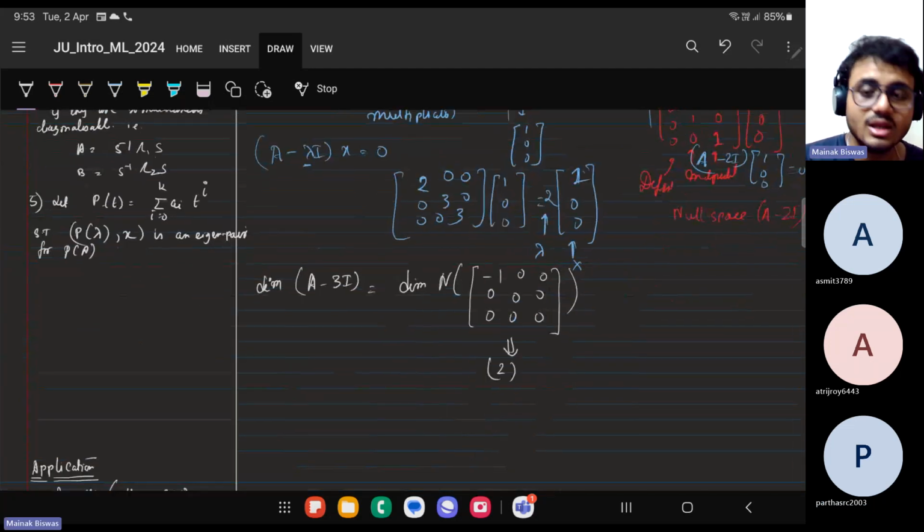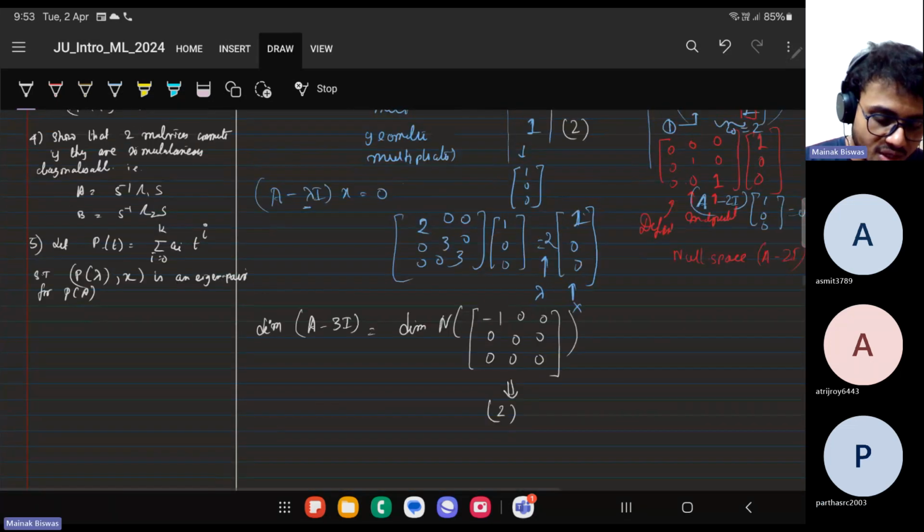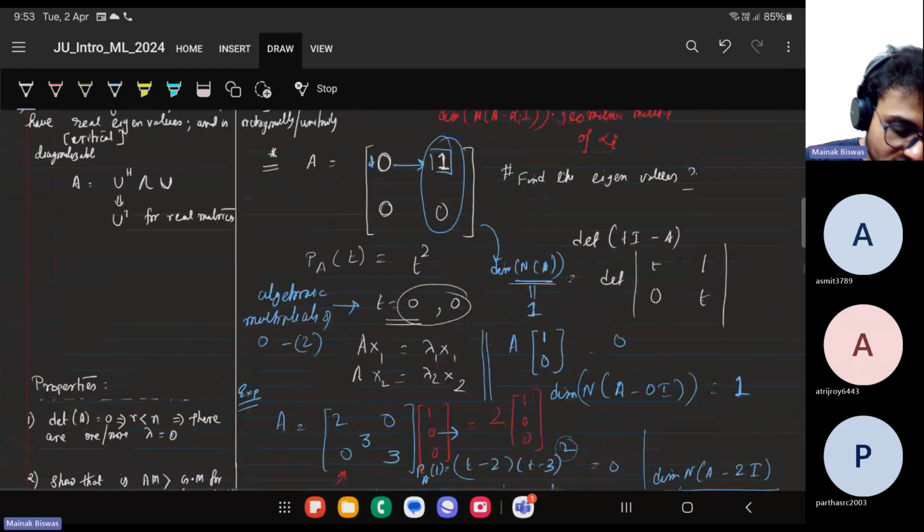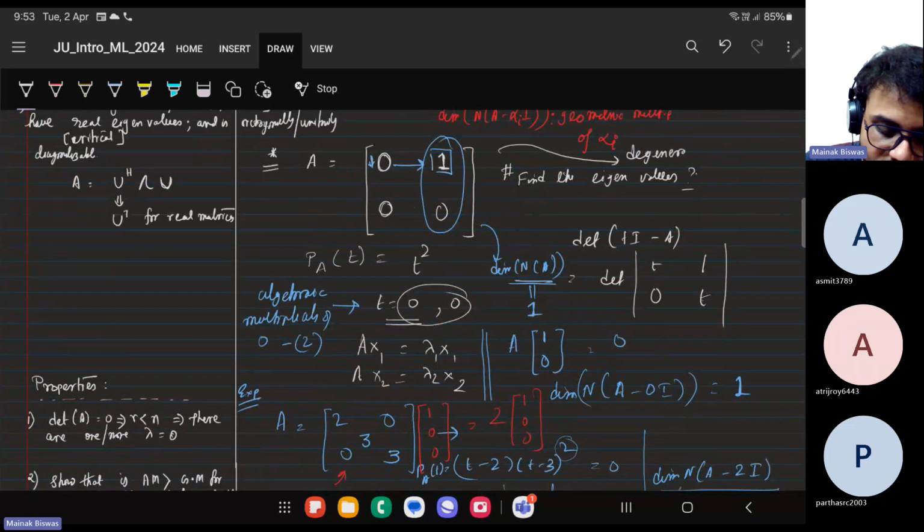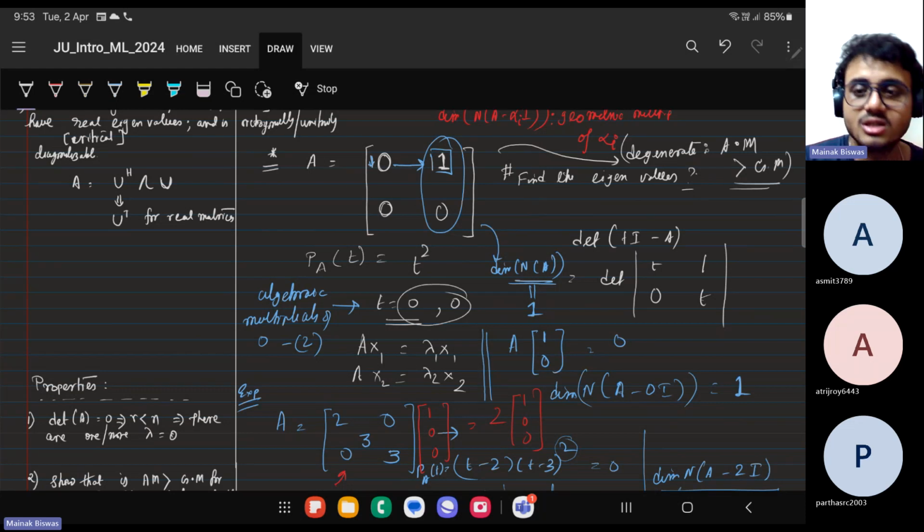We'll see these. This is in the previous case. This is called a degenerate matrix. We'll see why it is bad. If your algebraic multiplicity is greater than geometric multiplicity, it is called a degenerate matrix. We'll see why it is bad for application purposes.